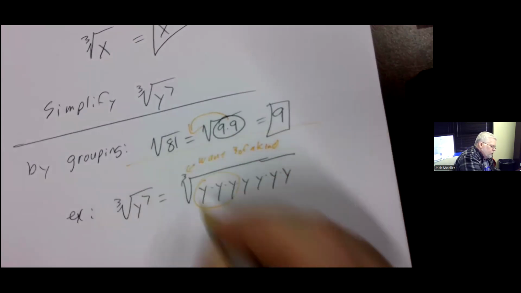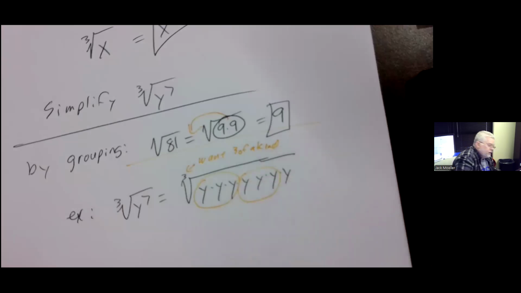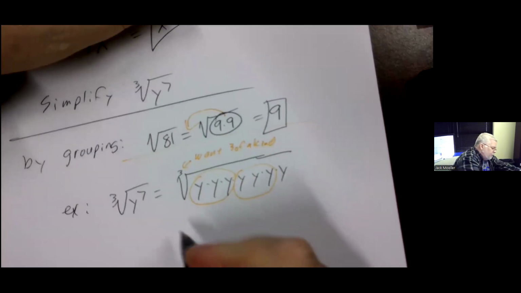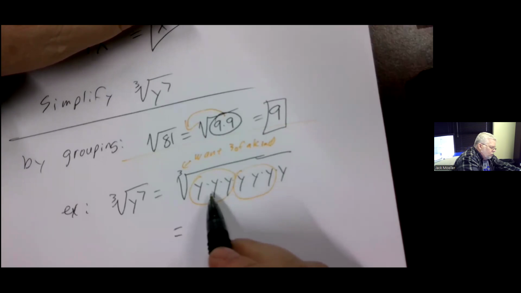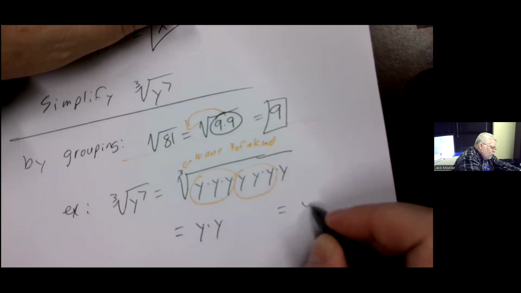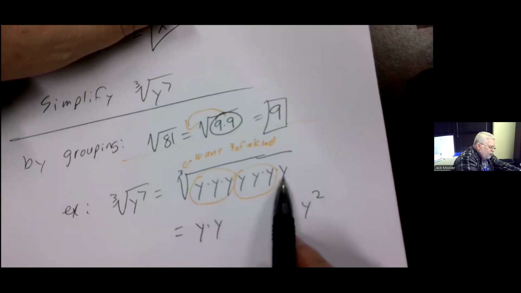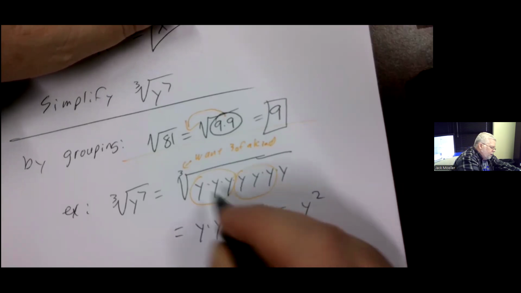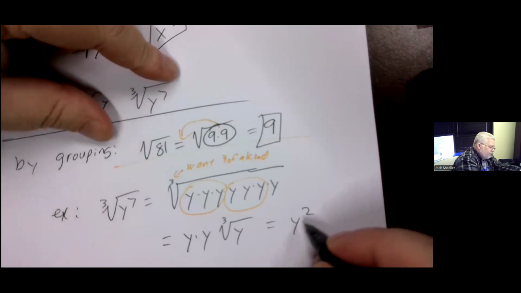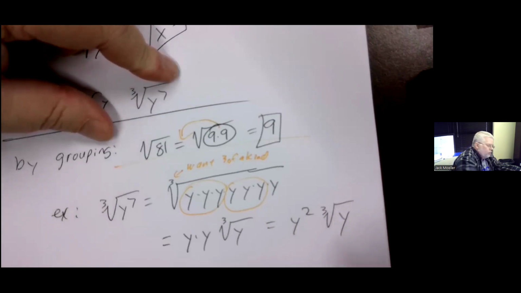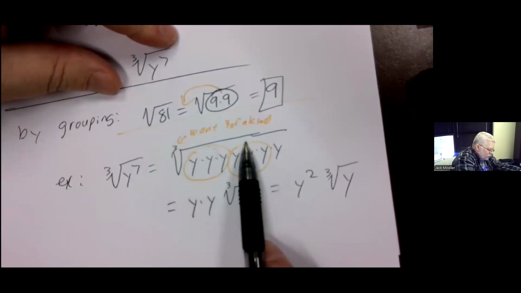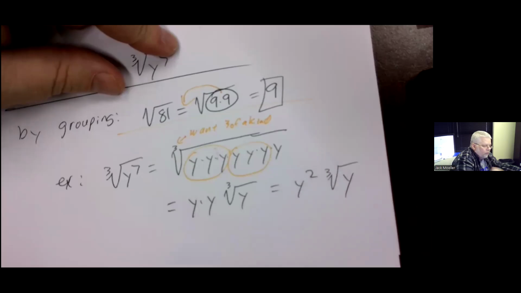There are 3 y's, and another 3 y's, and we have 1 left over. So how does that give us our answer? Well, I have 2 groups, so I'm pulling out 2 y's. That gives me y times y, or y squared. And then inside, we have a y left. It is a cube root, so don't forget the 3. So the cube root of y to the 7th simplifies to y squared times the cube root of y, because we have those two groups, and then 1 left over.